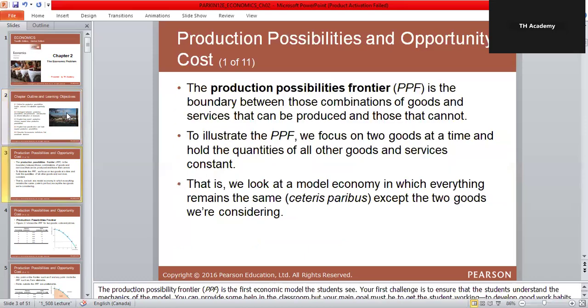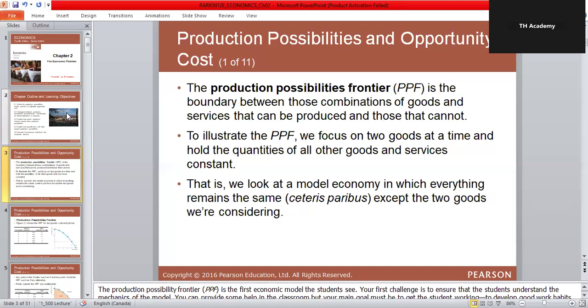So, start with the first definition, the production possibility frontier and opportunity cost. Imagine you run a factory that makes pizza and cola, right? You can't make an unlimited amount of both because resources like workers, ovens, and cans are limited. So, this is where the production possibility frontier, PPF, comes in.